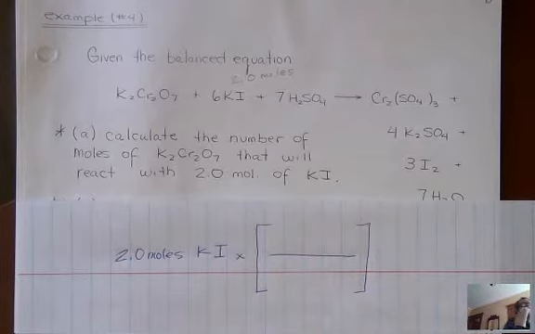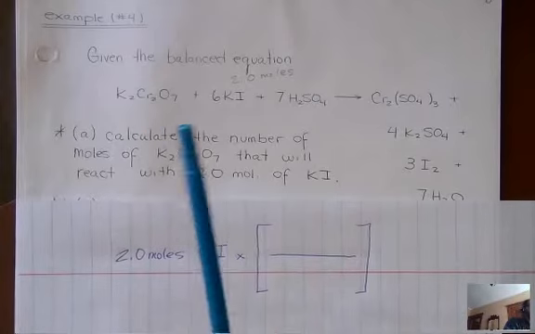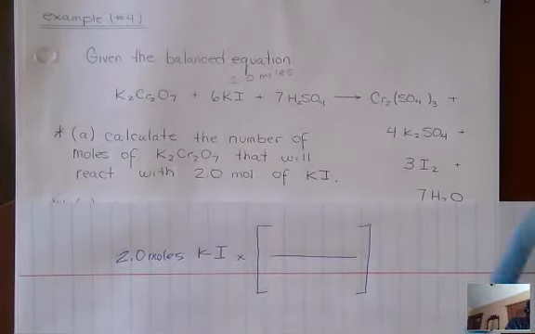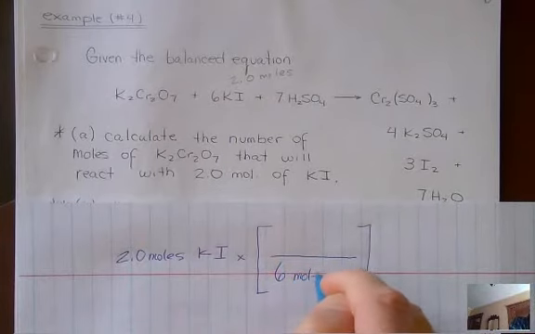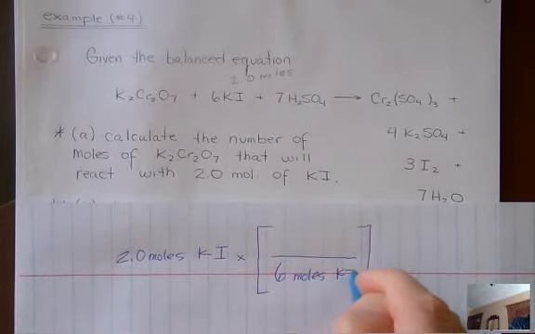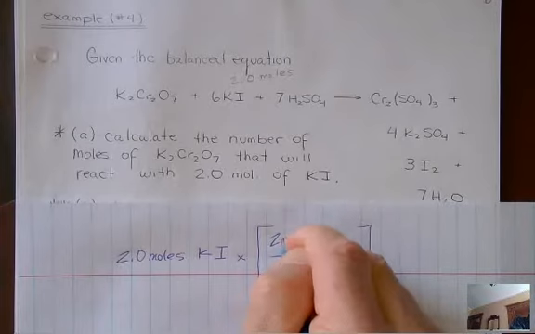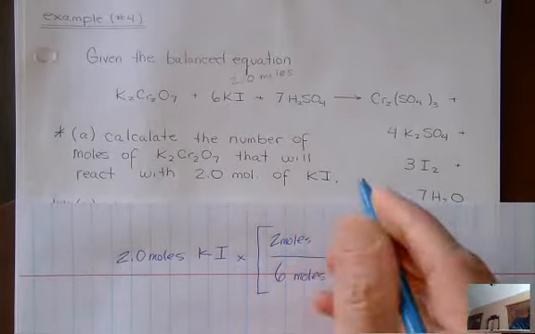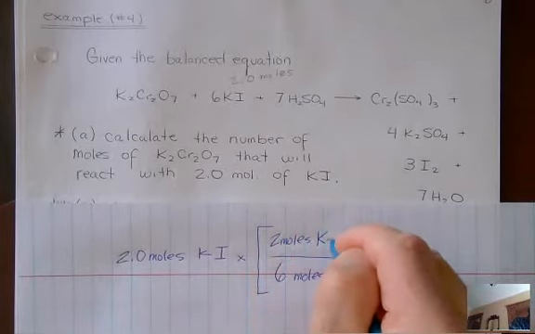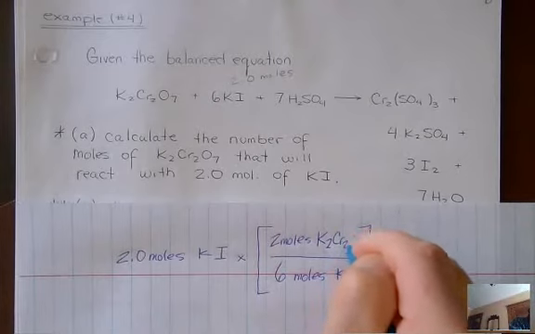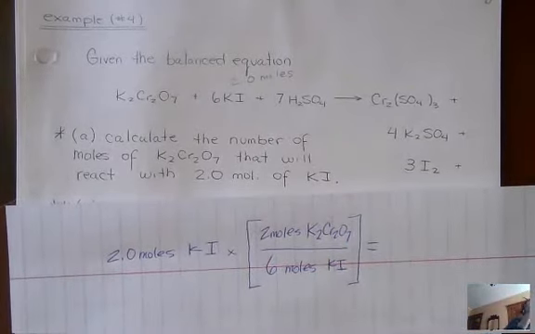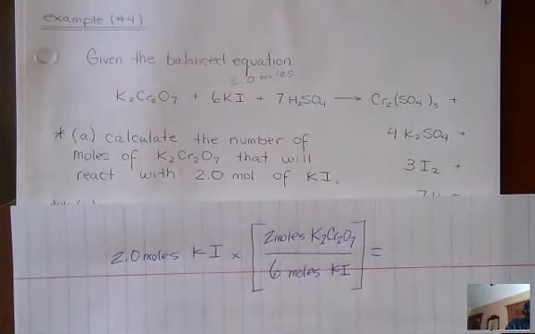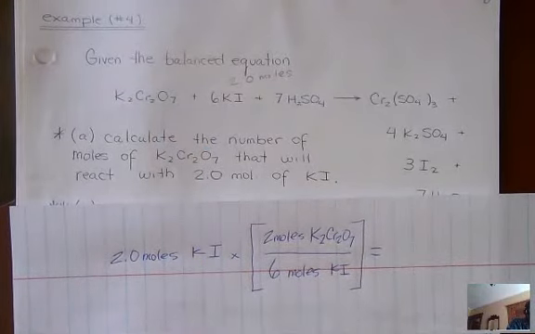Okay, when I'm comparing moles of one thing with moles of another, I get my relationship from the balanced chemical equation. For every 6 moles of KI that go in, only 2 moles of K2Cr2O7 pop out. Okay, not in this case, not pop out, are also needed to react with it, right? Because both of these two things are reactants.